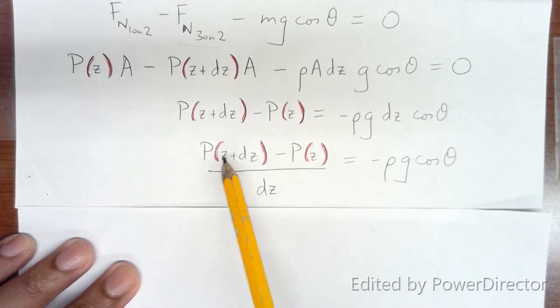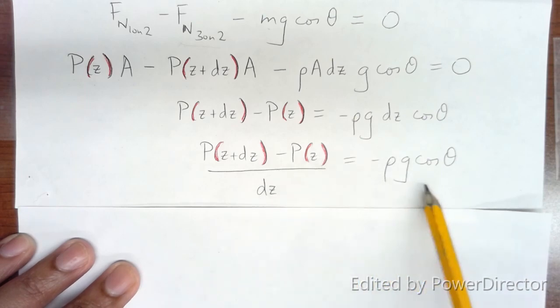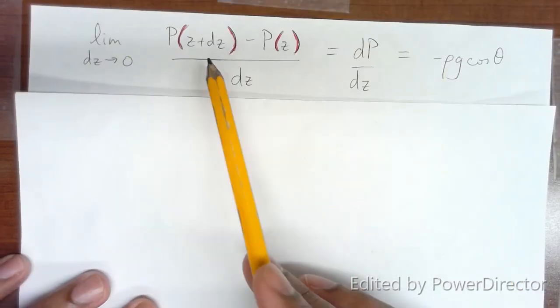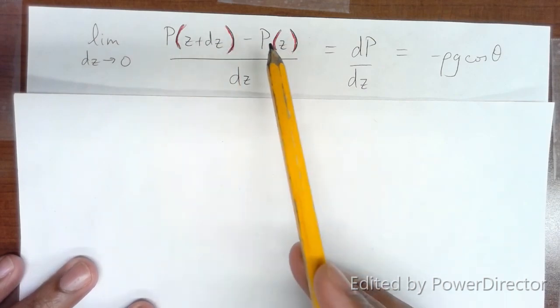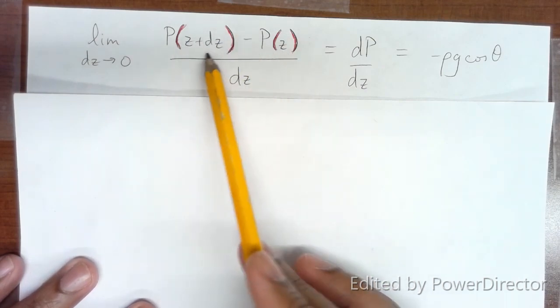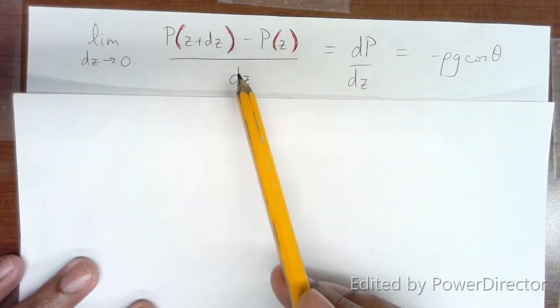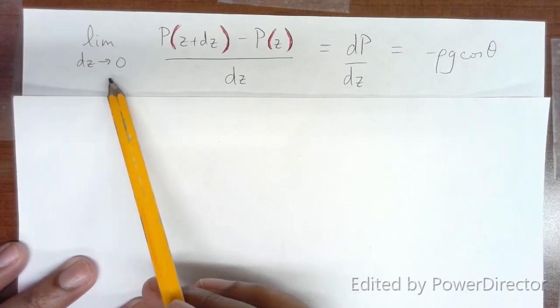So we have p evaluated at z plus dz minus p at z, divided by dz, is equal to minus rho g cosine theta. But we have seen this structure before. A function evaluated at 2 different points which are separated by an infinitesimal distance, and then we divide that difference by that infinitesimal distance and take the limit as dz goes to 0.